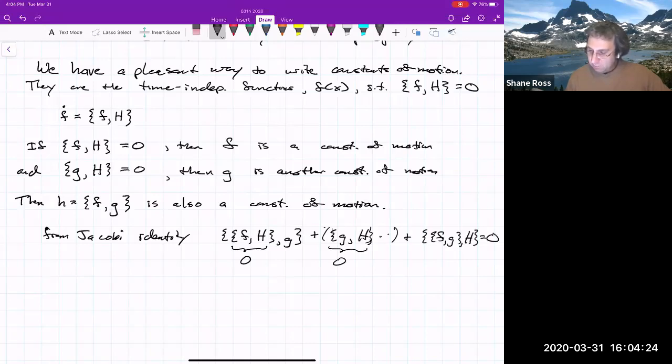So if you rewrite the Jacobi identity so you have the sum of 3 terms equals 0, and 2 of those terms equal 0 because one of the elements is 0, then we're left with this. So from this, this implies little h, which is {f, g}, is a constant of motion.